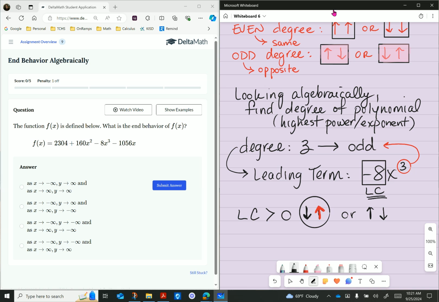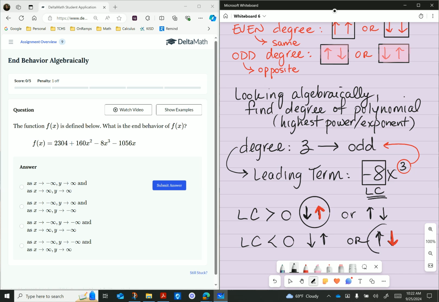If my LC, leading coefficient, was less than 0, in other words, a negative number, then when you're looking at your right-hand arrow, it has to be going down, because less than 0 means negative numbers.